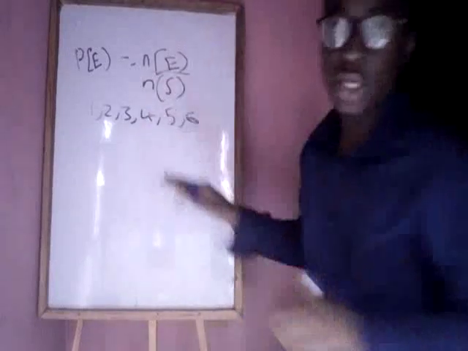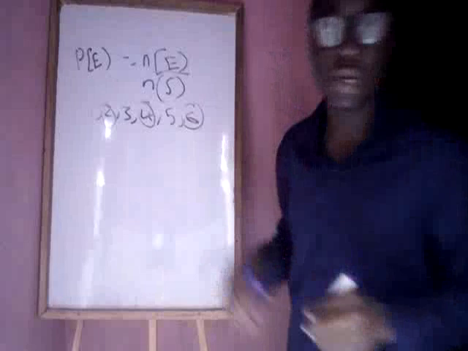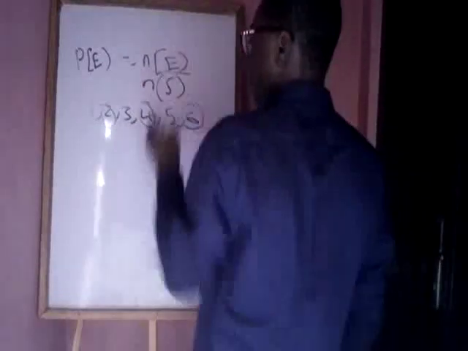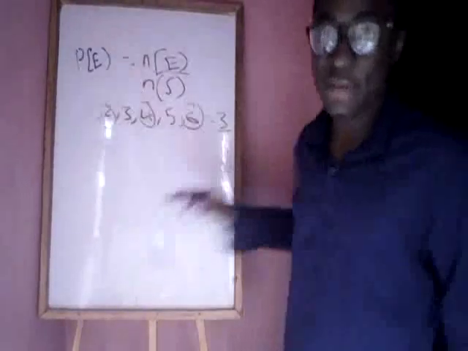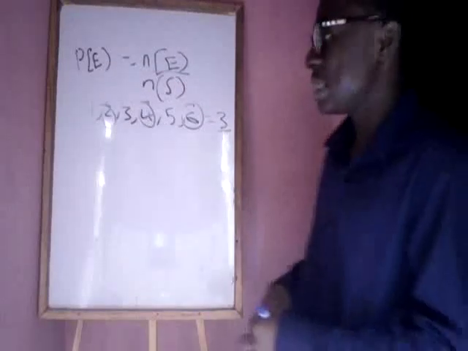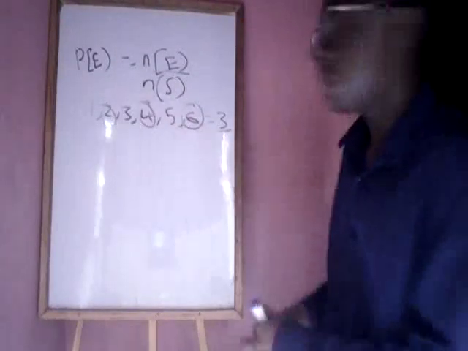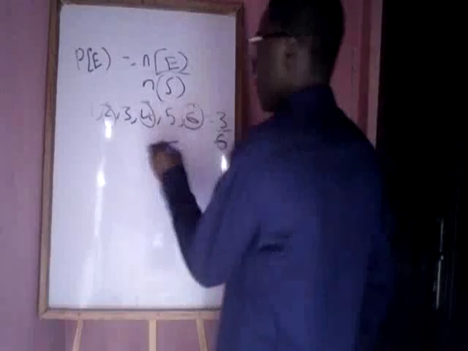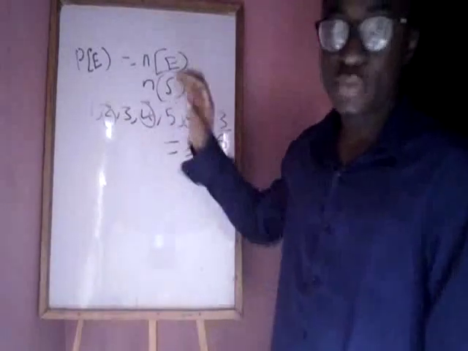In these 6 numbers, we have 3 even numbers: 2, 4, and 6. So the number of favorable events is 3, divided by the total number of possible events, which is 6, because there are 6 possible numbers you can get. So 3 divided by 6, and your probability is 1 over 2. This is a simple concept of probability. Probability is very simple for you to understand.